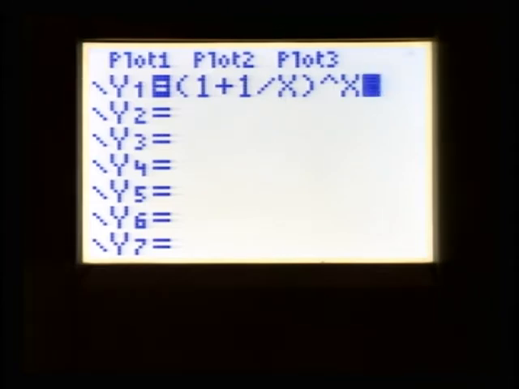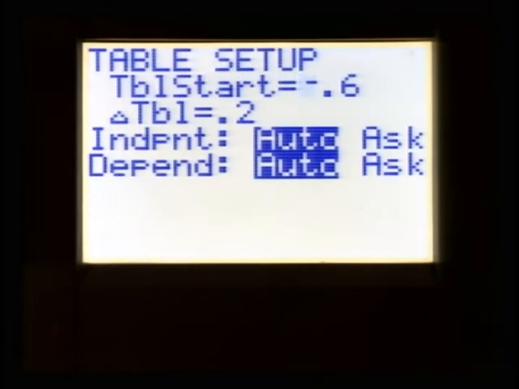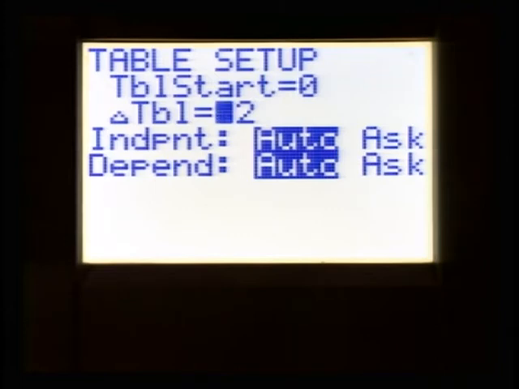And now I'm going to go to your window key. On your window key, next to y equals, you'll notice there is a table set button. So we're going to activate table set, and we're going to let this start at 0, x or n equals 0.